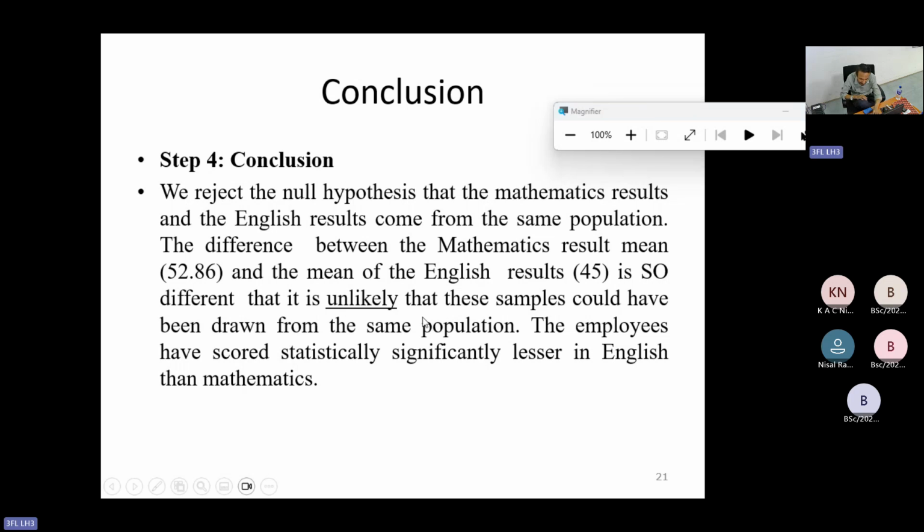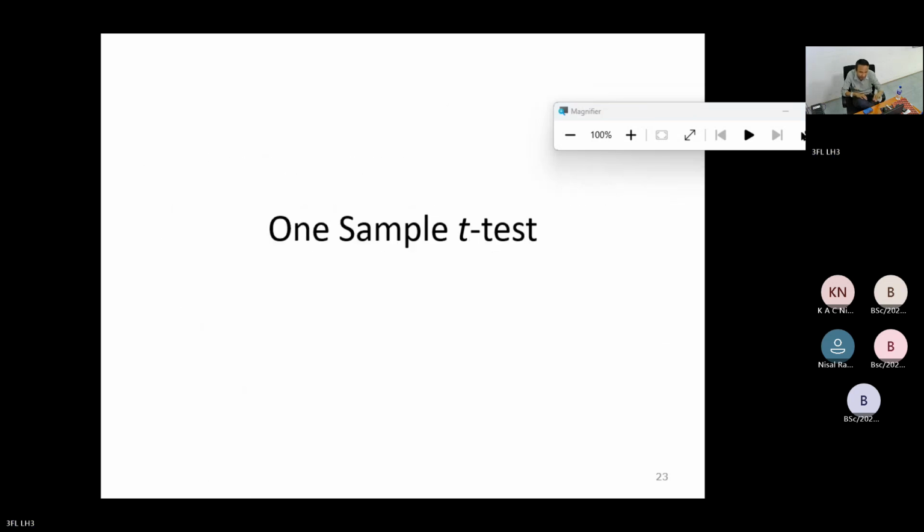Then let's go to the next one. Let's go to the one sample t-test. That was the paired sample t-test, and now the one sample t-test.